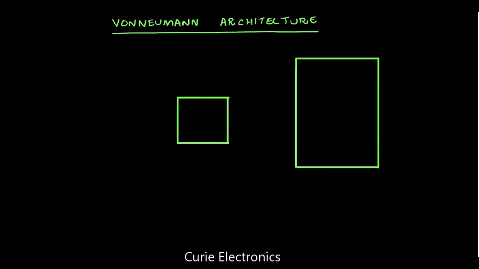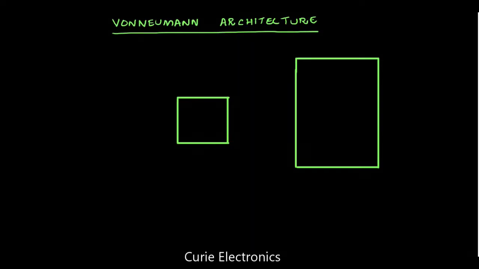Let's see what is von Neumann architecture. This architecture is related to computers, or we can say microcontrollers and microprocessors. Here, how is the memory interfaced to the CPU?